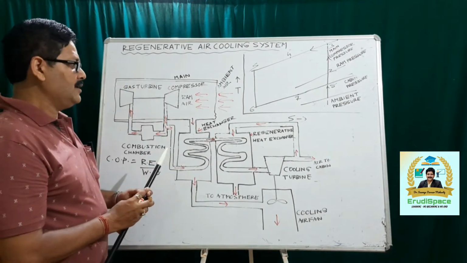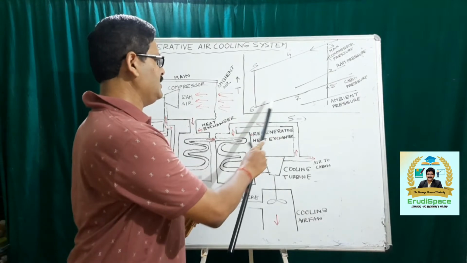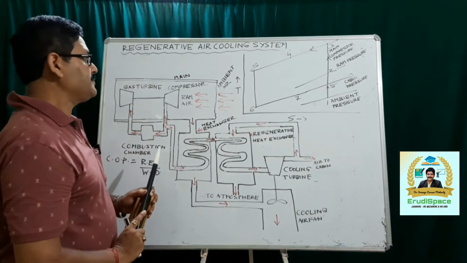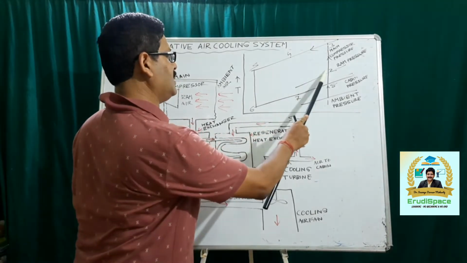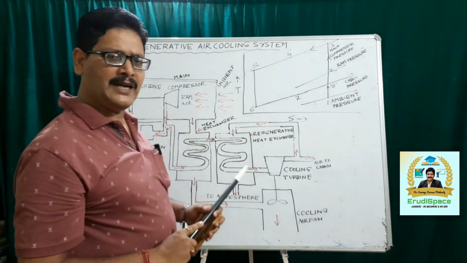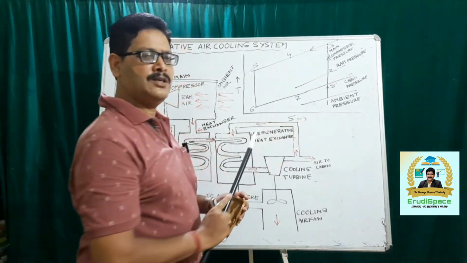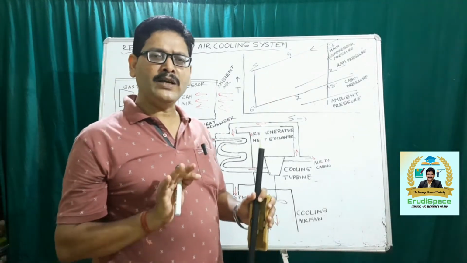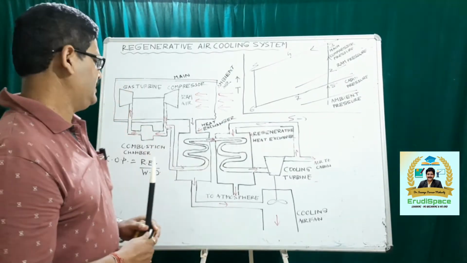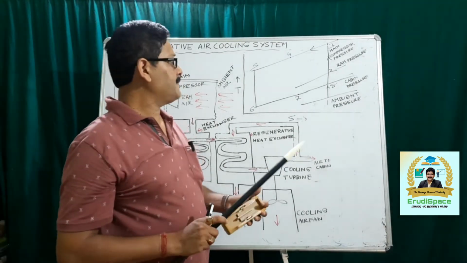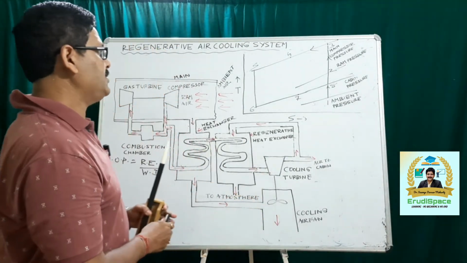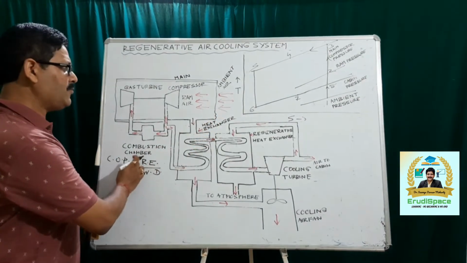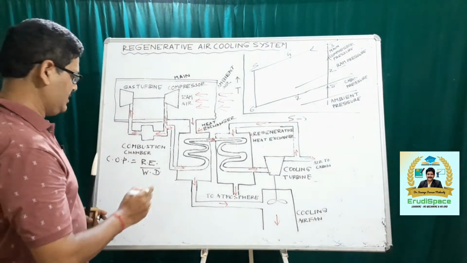So here 6-7 represents the refrigeration process, and 2-3 represents the compression process, because already I have told you that 1-2 is your ram compression, and here we do not require to do any work to compress the air. So in this case there will be difference between the mass when we are considering the refrigerating effect and when we are considering the work done.